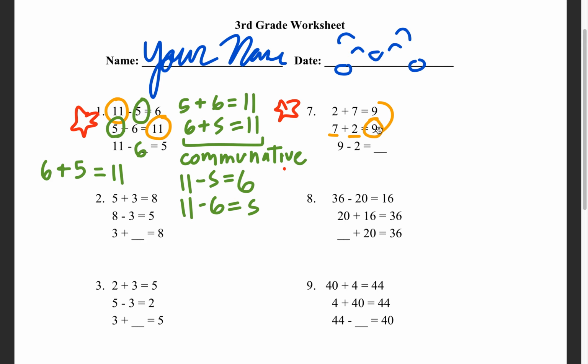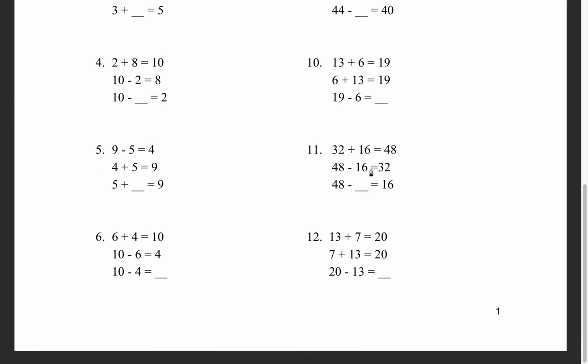And okay, since 9 is a sum, and there's 9 here, and there's 2, which is part of the addition equation, which is also in here, therefore the answer is 7. And you can check this by 7 plus 2, which is 7, 8, 9. So, therefore, that's correct. Okay.